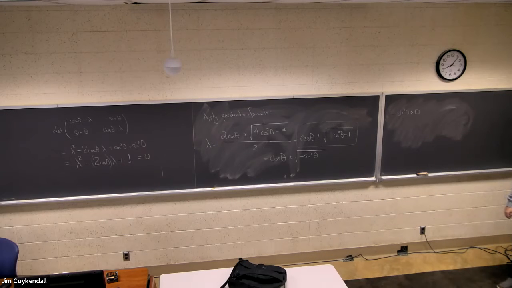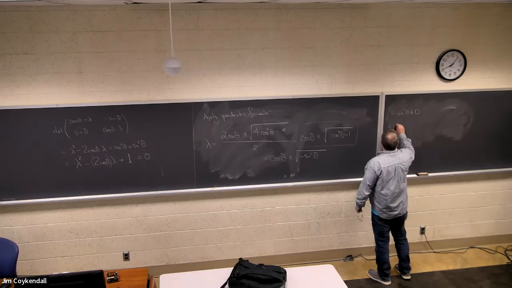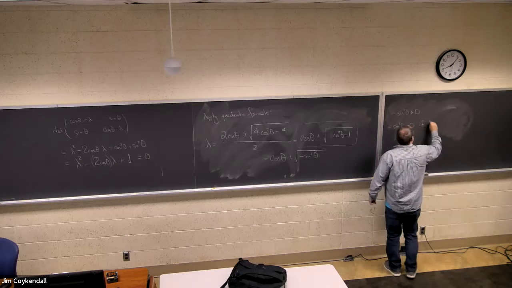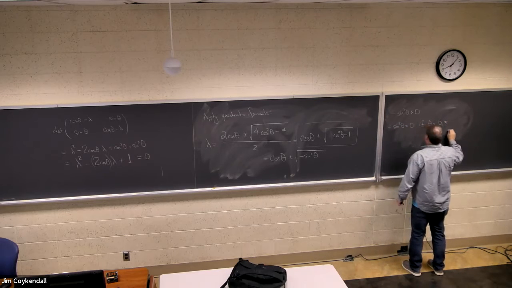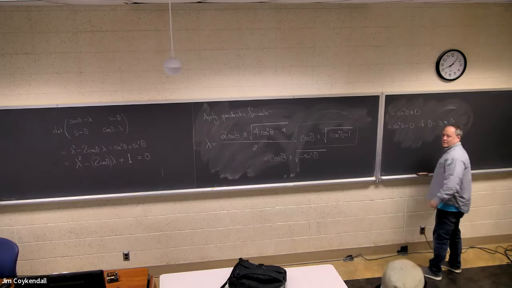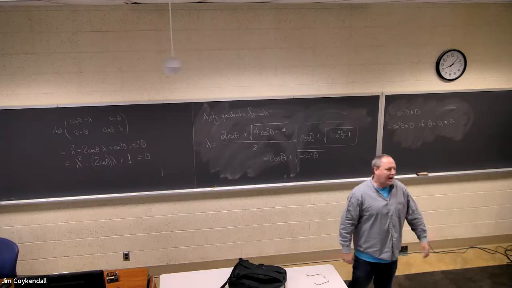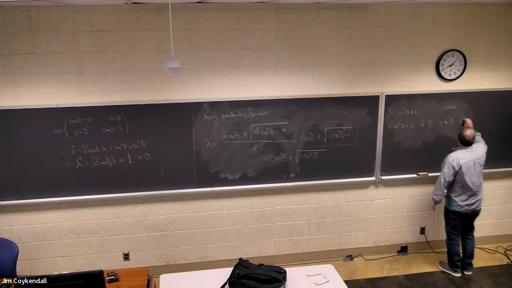Because it's a negative square. The biggest it can ever be is 0. That happens if theta is any multiple of pi, in which case we get real eigenvalues.